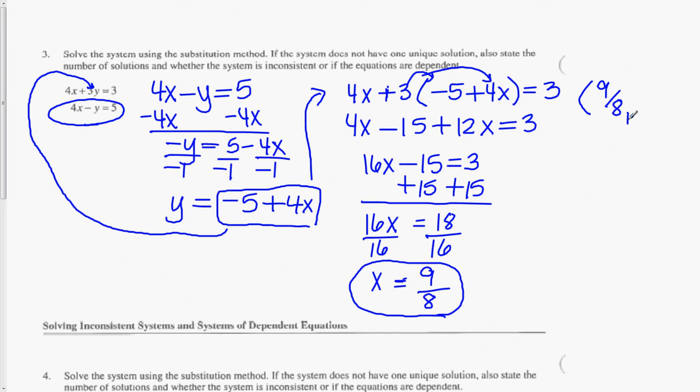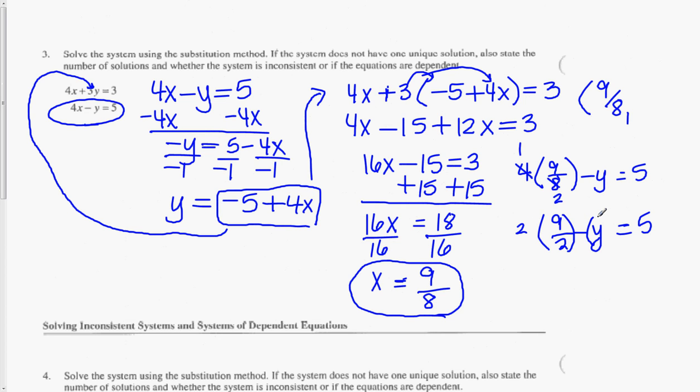So now we need to figure out y. I'm going to use the second equation, and I'm going to put in my 4 times my 9 over 8 minus y equals 5. I'm going to multiply this out. So I'm going to cross cancel. 4 goes into itself once. 4 goes into 8 twice. So that's 9 over 2 minus y equals 5. I'm going to clear my fractions, because I don't like dealing with fractions.